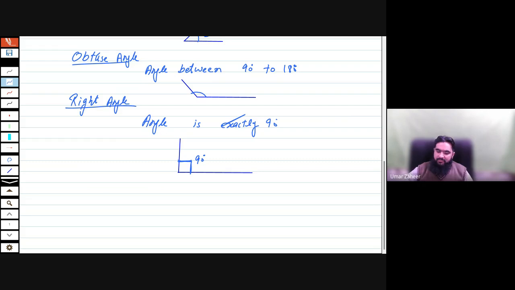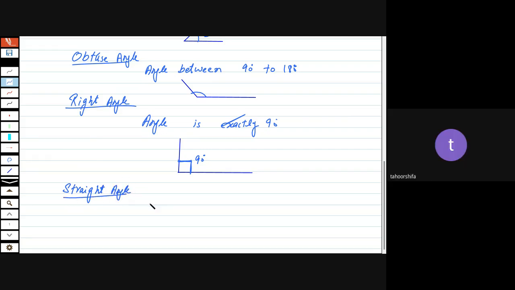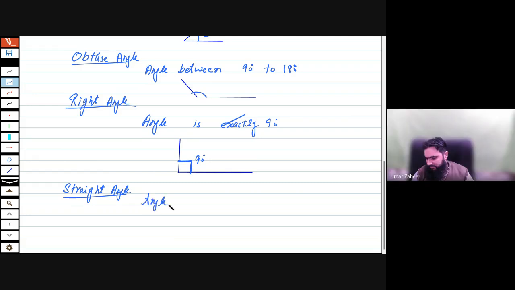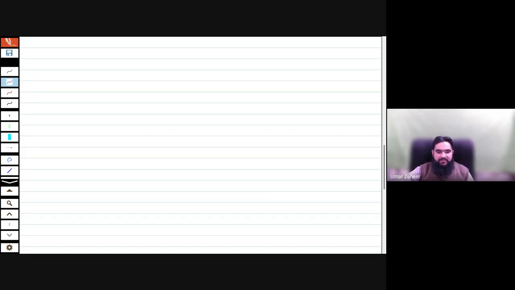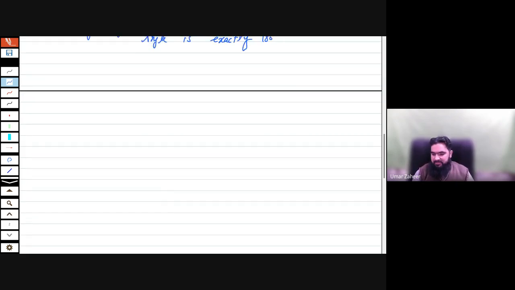After that, we have the straight angle, which is exactly 180 degrees. Yes, Rabia, can you tell me what a reflex angle is?